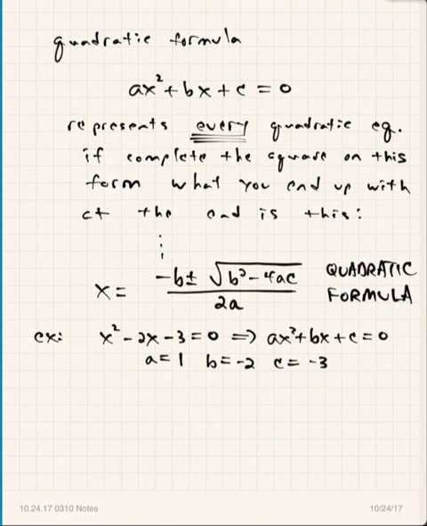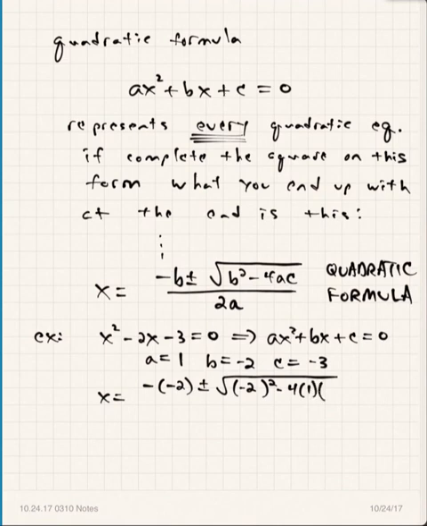And so you literally take those numbers and substitute them into the quadratic formula. You get the negative of b, and b is negative 2, so the negative of negative 2, plus or minus the square root of b squared. I always put parentheses when I do the b squared, so I get negative 2 squared minus 4 times, and I use parentheses here also.